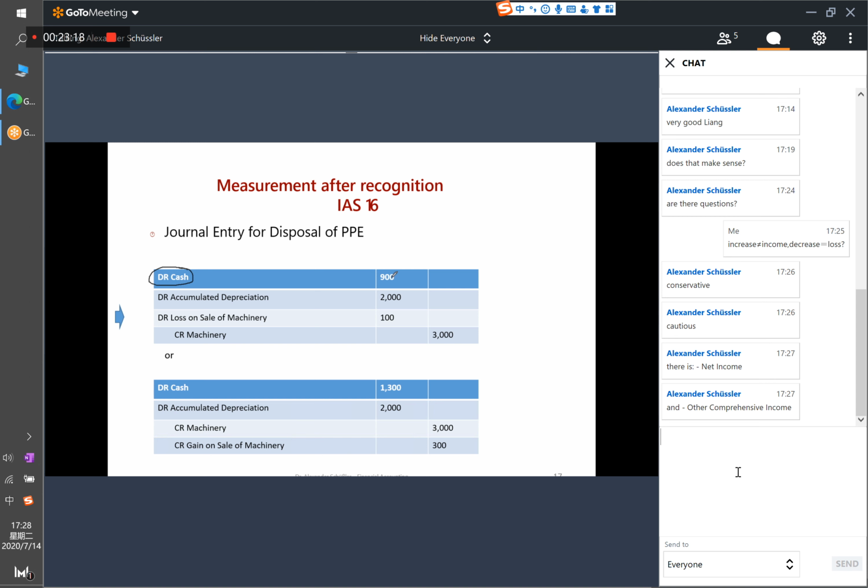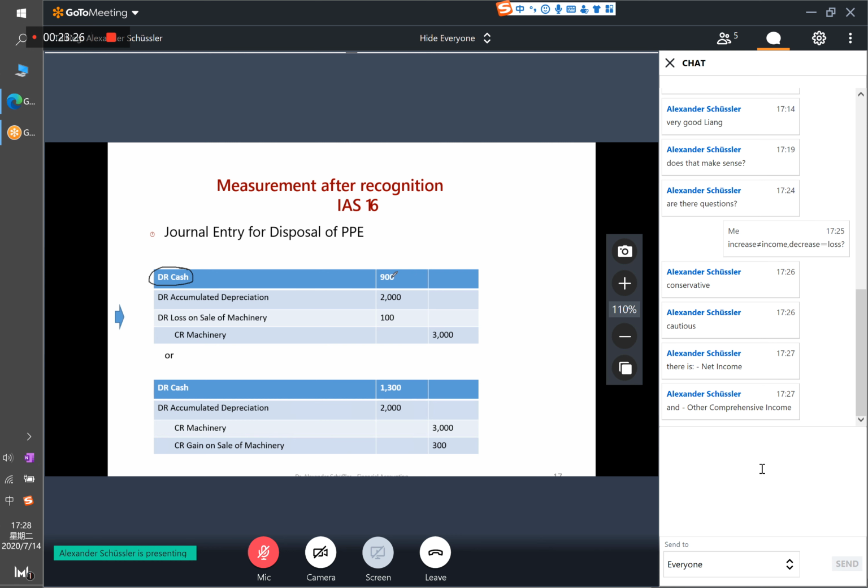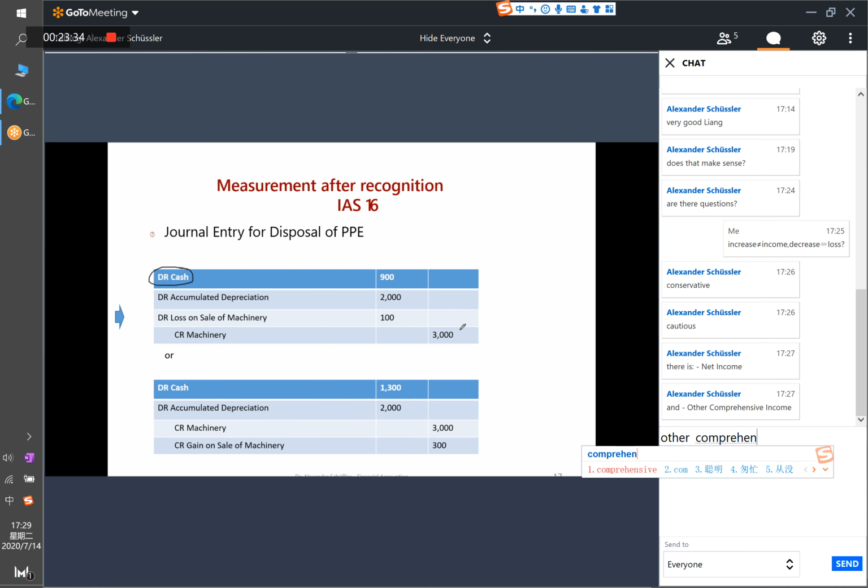And in the first case, the cash the company gets is 900. The book value of the machinery is essentially 1,000. Why is it 1,000? Because 3,000 minus 2,000.